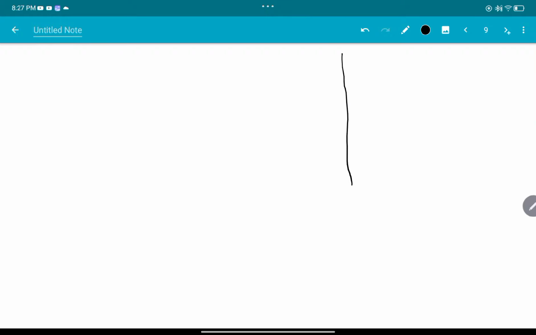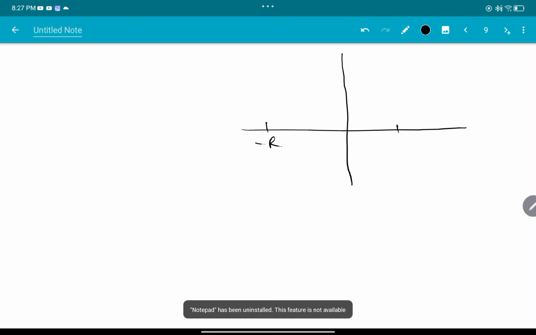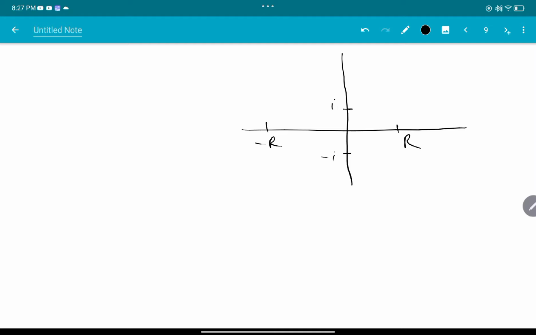Here is our path. This is minus R, this is plus R, this is i, this is minus i. This is that semicircular C_R.